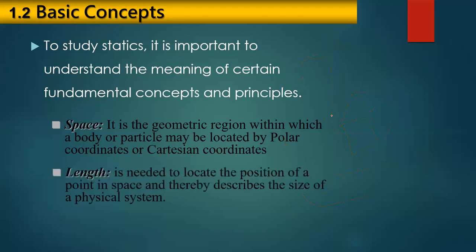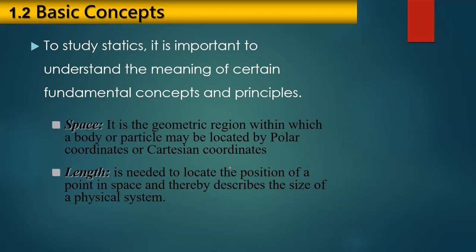The other term is length. Length is needed to locate the position of a point in space and thereby describes the size of the physical system. We all know what length is, simply what has been talked about here.